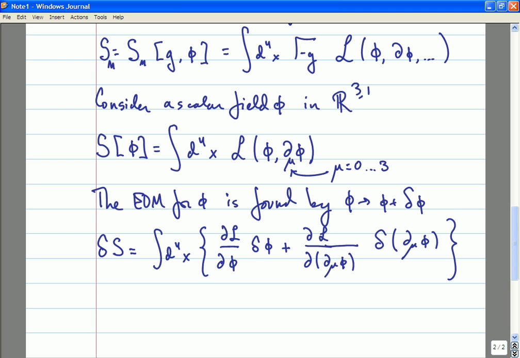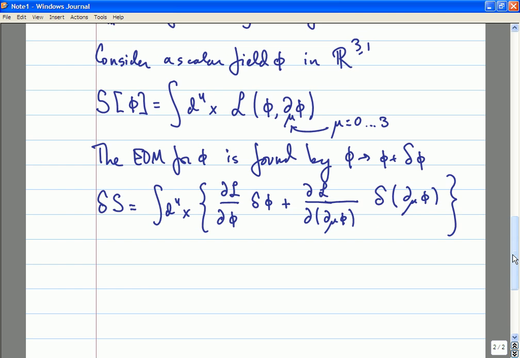Now, if phi goes to phi plus delta phi, then d mu phi goes to d mu phi plus the derivative of delta phi. So that means that the variation of d mu phi is equal to d mu of the variation of phi.